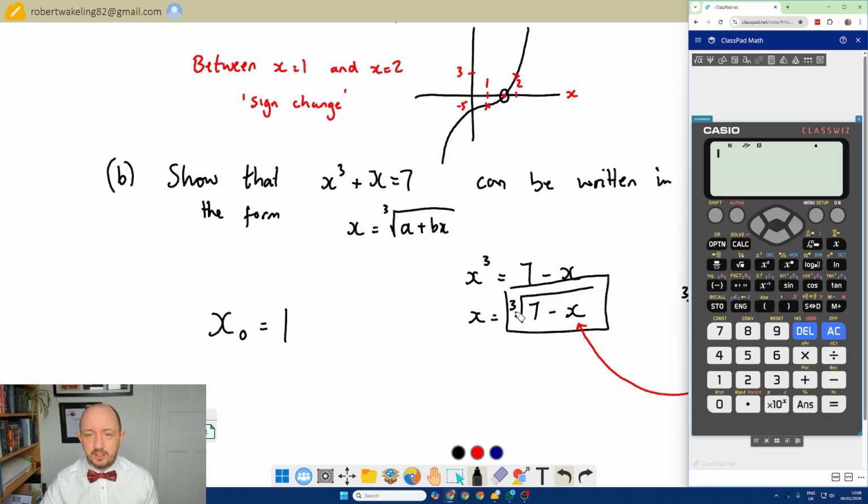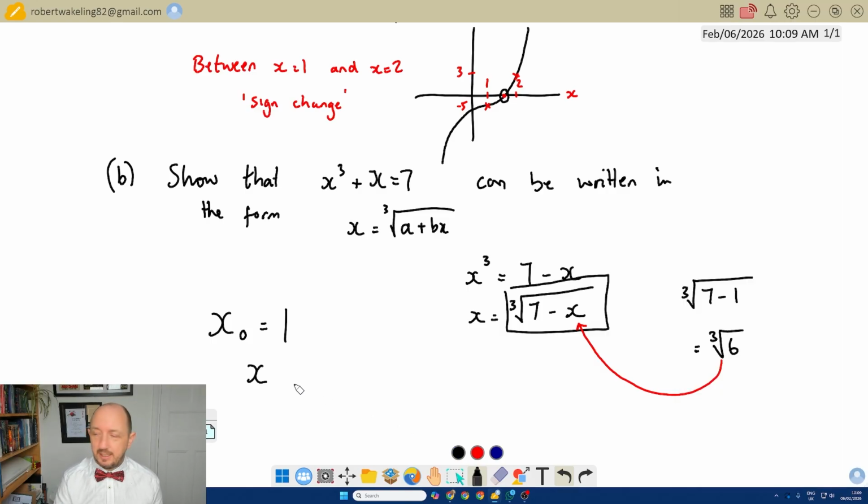So I can literally just start with cube root 7 minus ANS. It's remembering that 1 that I put in first, and then I can just go 1, 2, 3. And they are my 3 iterations through the cycle.